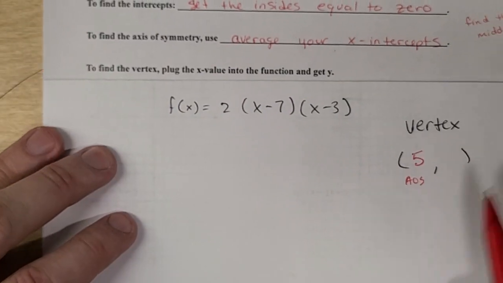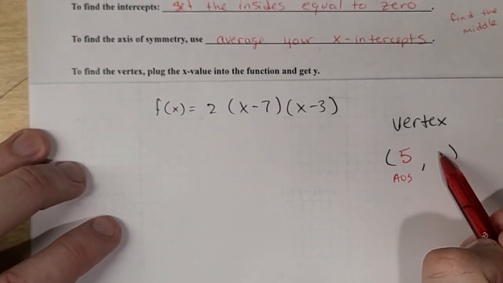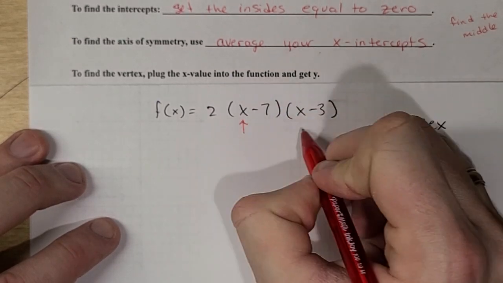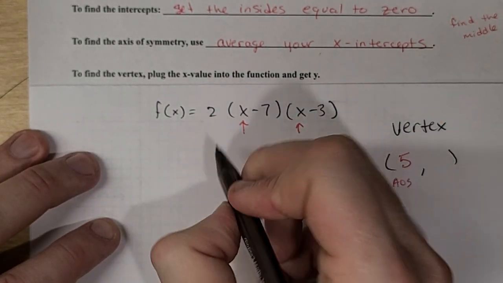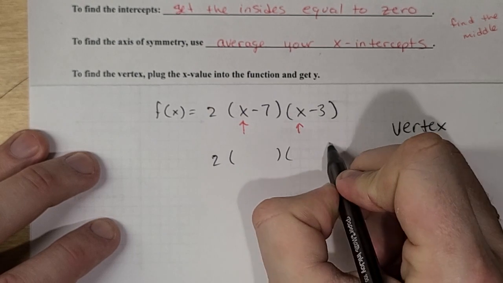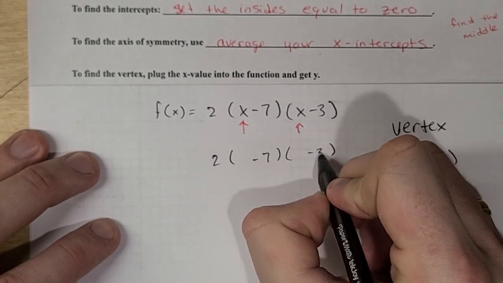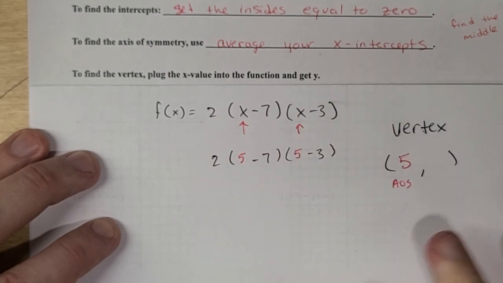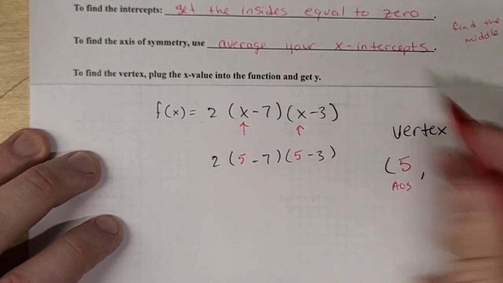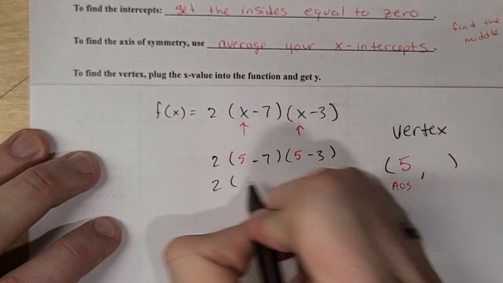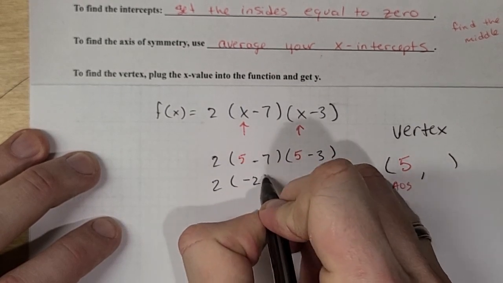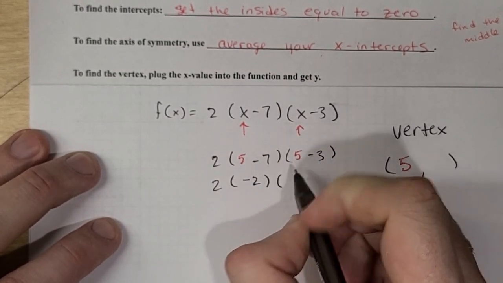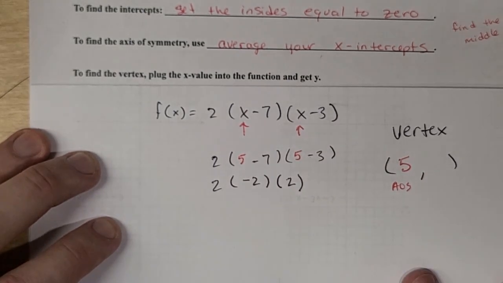So if I want to find the y portion, all I have to do is plug 5 in for your x's. So 2 times, and instead of x's, I'm going to plug in 5, and I'm going to see what I'm going to get. Okay? So 2 times, let's see, 5 minus 7 is a negative 2, and then 5 minus 3 is a positive 2.